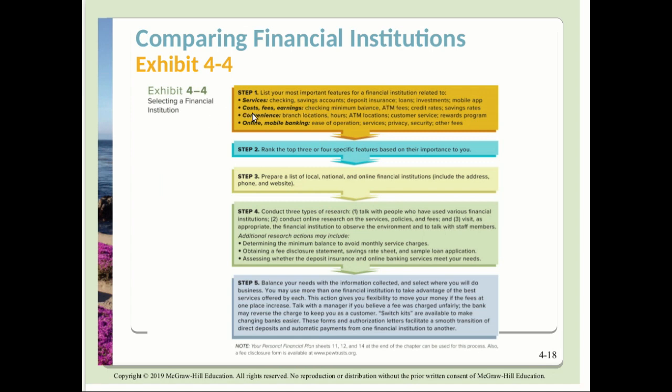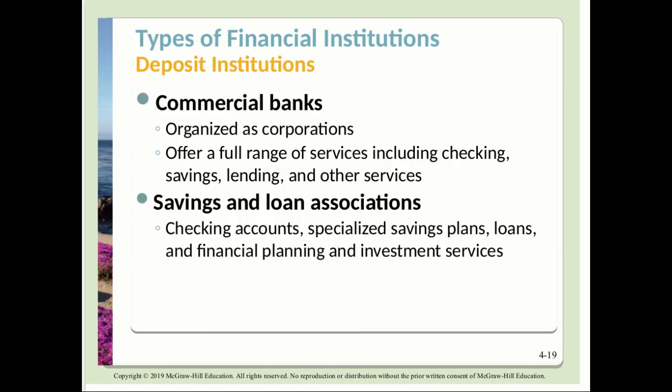What kind of services, what kind of costs do you want to avoid? How convenient do you want things to be? Do they offer online and mobile banking? Rank them, prepare a list of some of the organizations that provide some of those things, and then do some research. Talk to folks who have been using it, look up on the internet what kind of user reviews there are, things like that. So shop around, folks.